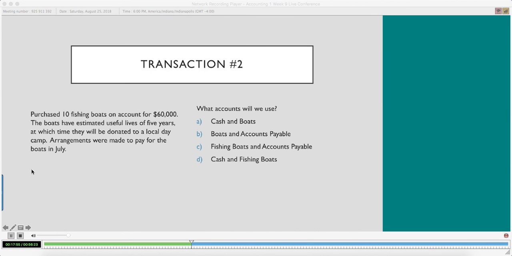We purchased 10 fishing boats on account for $60,000. The boats have an estimated useful life of 5 years, at which time they will be donated to a local day camp. Arrangements were made to pay for the boats in June. What two accounts are we going to use to show the purchase of these boats?